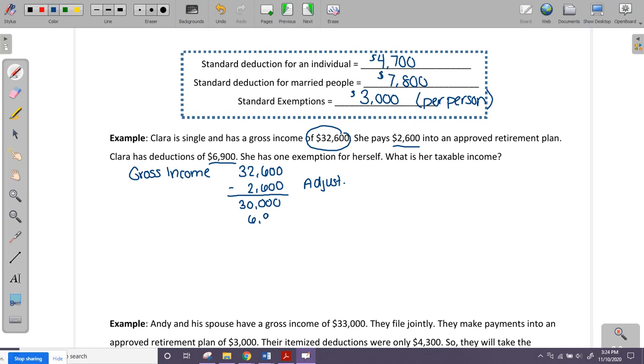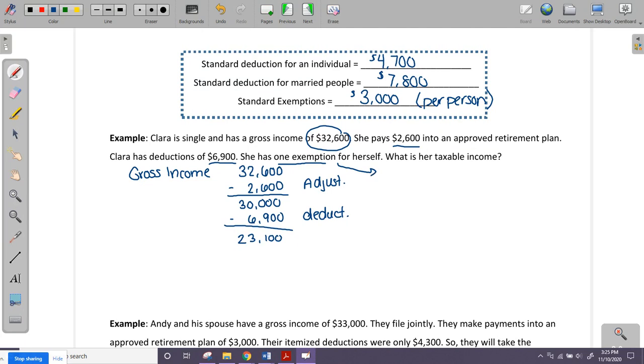Now she has a deduction of $6,900. And any deductions, we subtract out also. So when we subtract this out, we get $23,100. Then we look at exemptions, and she has one exemption.